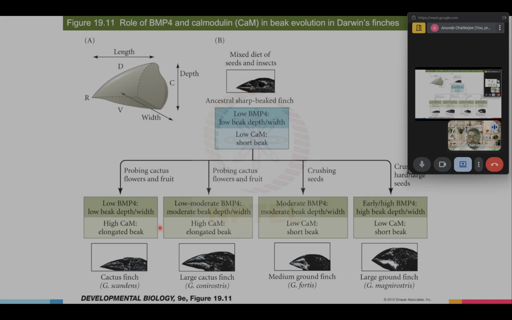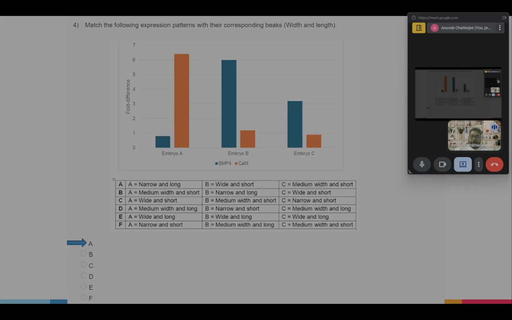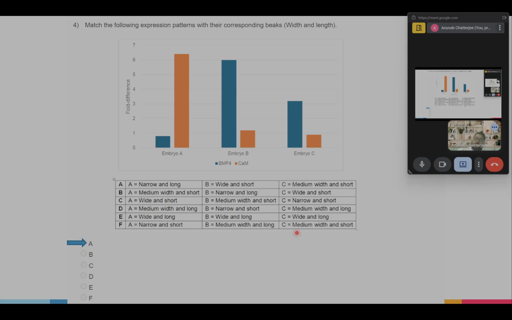The sharper and longer beaks belong to finches which probed into cactus flowers and tried to avoid the needles on the cactus to go inside the flower, whereas crushing seeds was done by bird species which had stronger beaks, which were blunt and thus stronger in order to break all of these seeds.